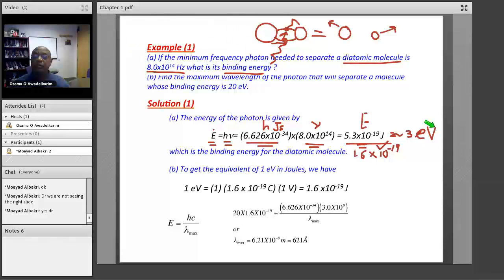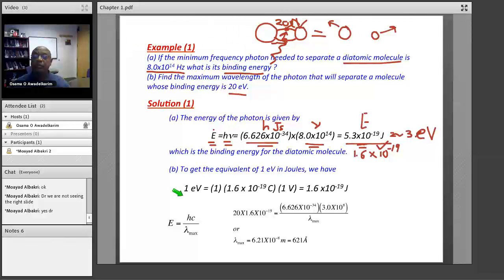And then find the maximum wavelength of the photon that will separate a molecule whose binding energy is 20 electron volts. Now we have another molecule and the binding energy is 20 electron volts. What kind of photon energy do we need to separate it?